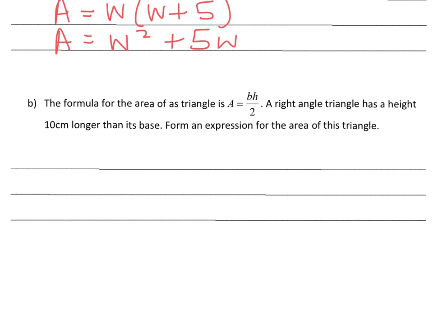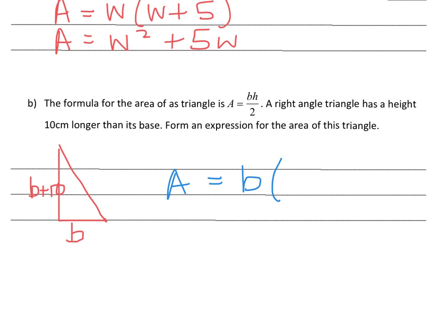And the last question. A right-angled triangle has a height 10 centimetres longer than its base. So my right-angled triangle, this is its base, and its height is 10 centimetres more than that. So it's B plus 10. So when I use the formula, the area of a triangle is the base, B, times the height.